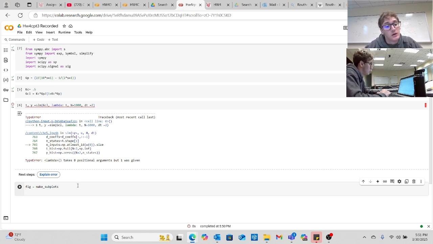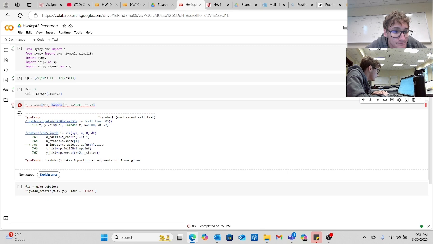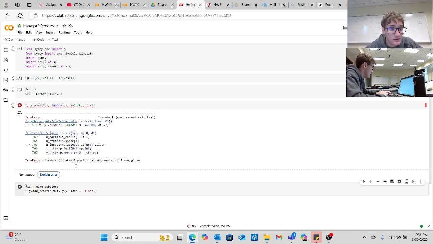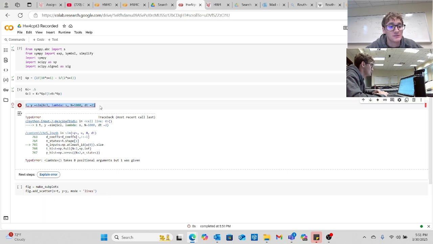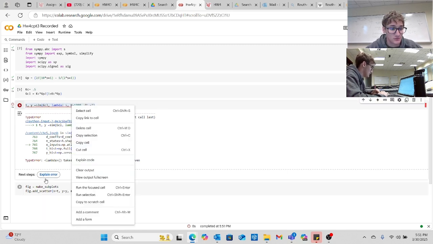Okay, I'm recording. And then we're going to do, is it fig.add_scatter? And then mode equals lines. Let's see. No. Let's see what GPT says.